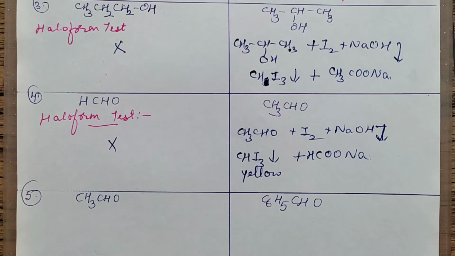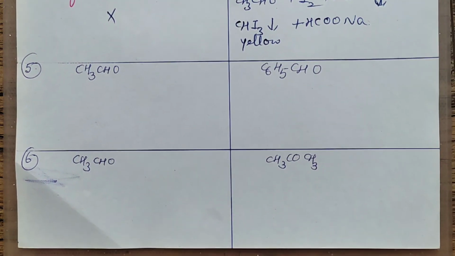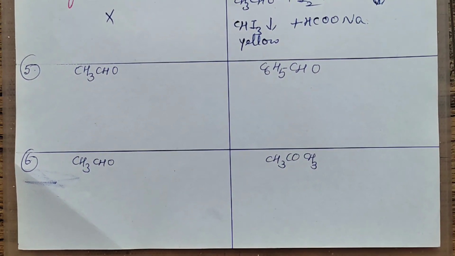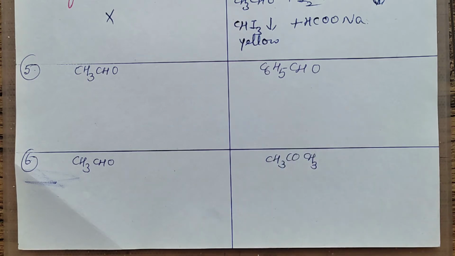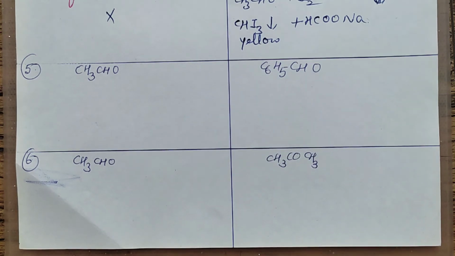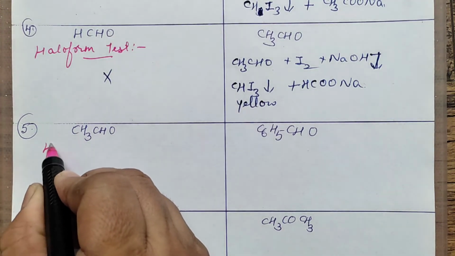Clear? Now next we will move on to distinguishing between acetaldehyde and benzaldehyde. Again both are aldehydes, but benzaldehyde does not give the haloform test. I will keep these two in the same frame. You can copy down the same thing.